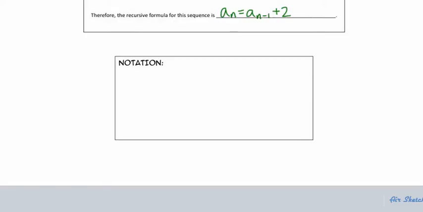Now there's a little bit of notation that we should go through. We've got a sub n, which is just the nth term. There's a sub n minus 1, which is the term before the nth term.